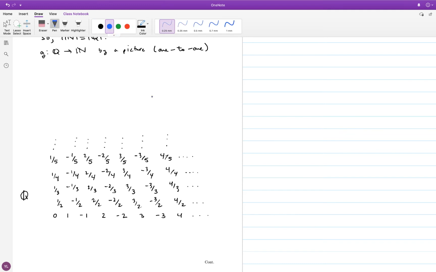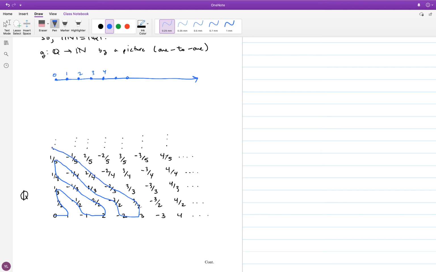Okay, so now I want to show you how I'm going to map Q into N in a one-to-one fashion using, again, this sort of ruler. So I imagine having N represented geometrically as a blue arrow with dots, right? So this corresponds to the natural numbers 0, 1, 2, 3, 4, like this. So I'm going to start the line right here, and I'm going to zig and zag my way through the diagram.